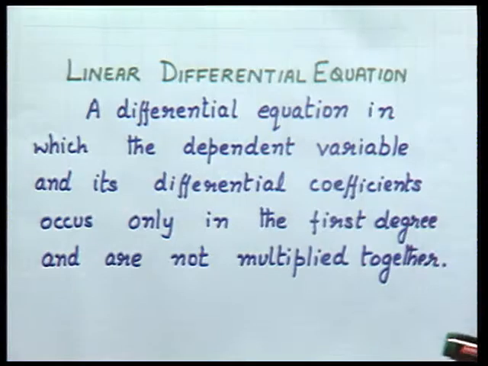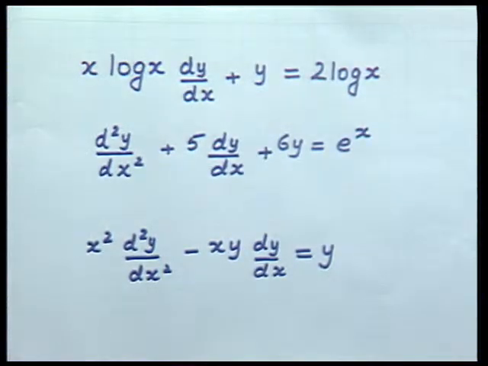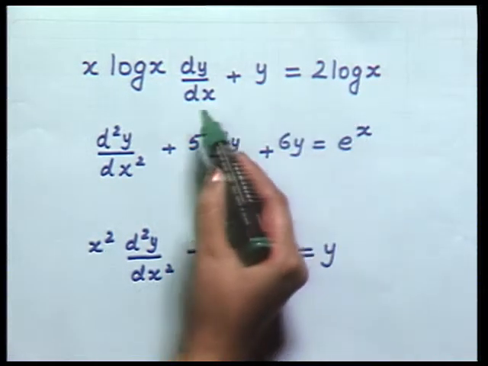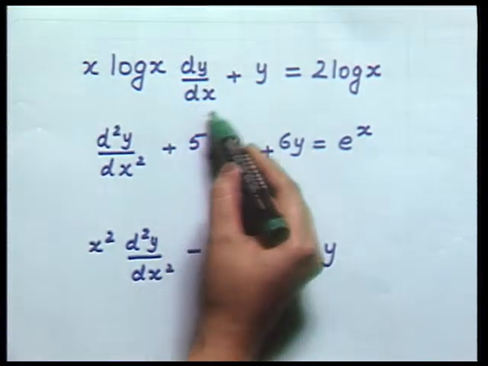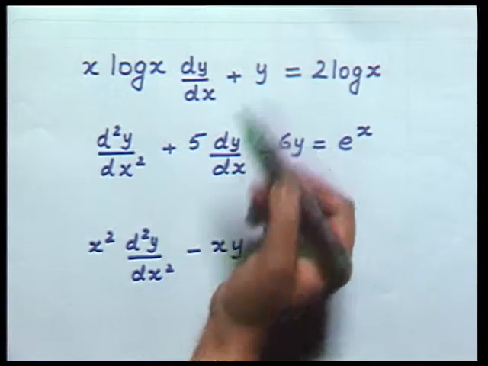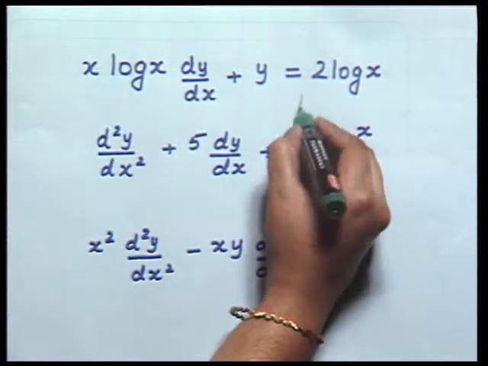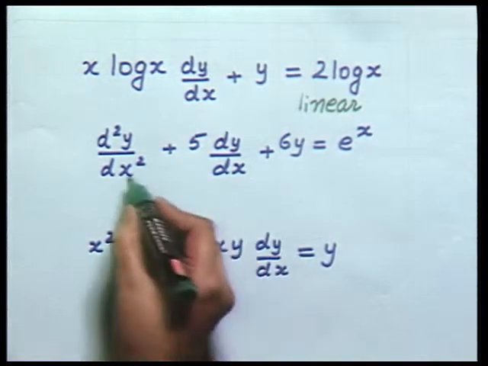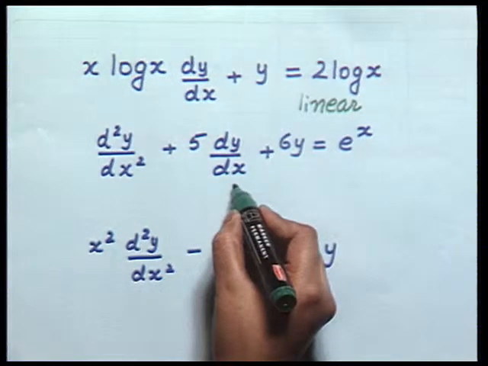Let's see if you can identify which of the given equations are linear or non-linear. The first one, very clearly there are no y square terms throughout, and y and dy by dx are not multiplied anywhere. So the first one is clearly a linear equation. The second one also is a linear equation.